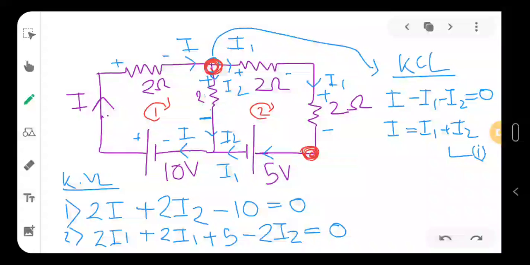Then I came here and that is also positive encounter, so plus 5. Then I have to go up also because I'm checking throughout the loop, and now I encounter negative first, so that's why it is minus 2I2, because in this branch I2 current is flowing, right, and that is equal to 0.